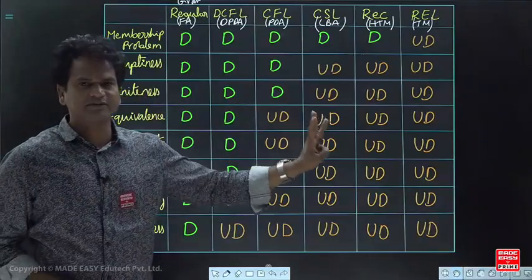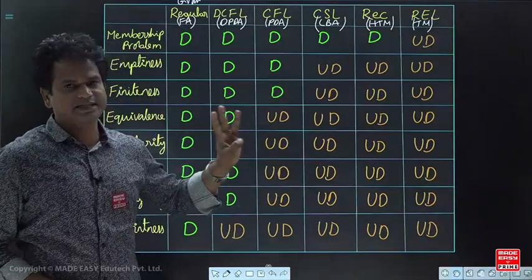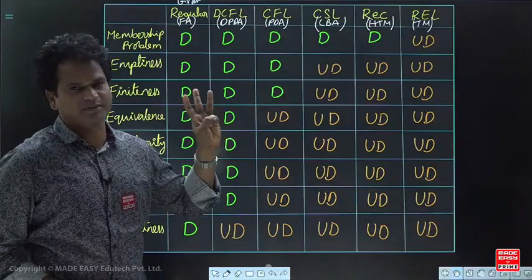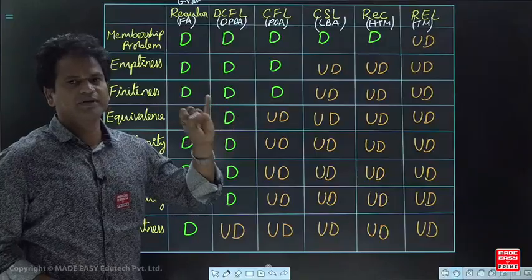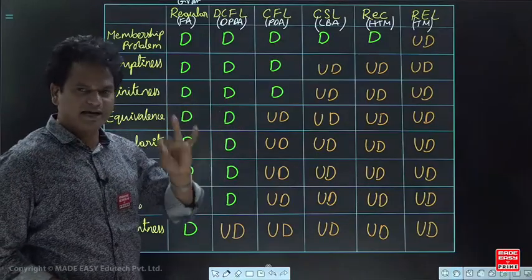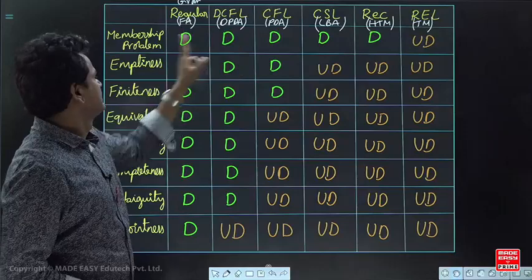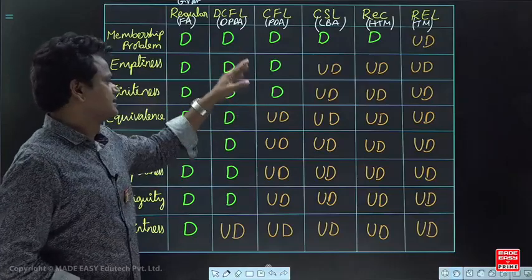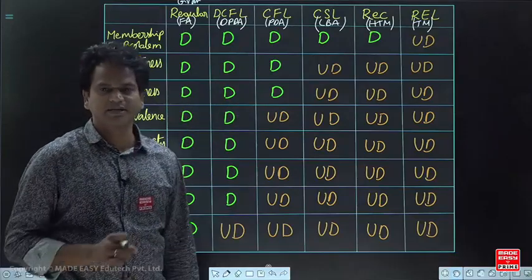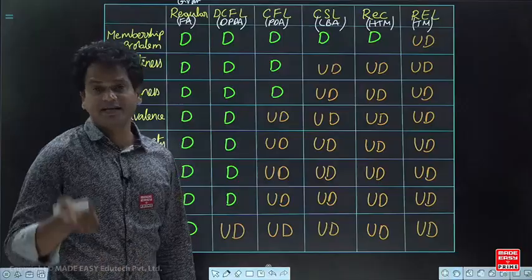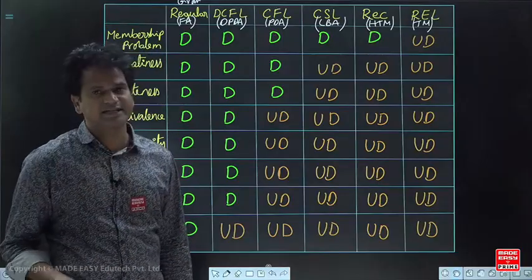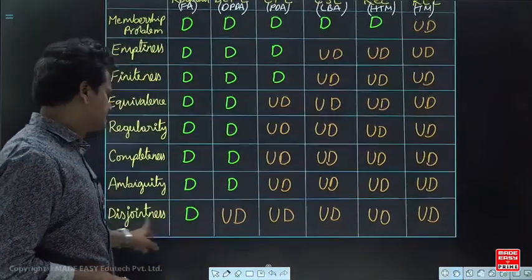Only context free languages are decidable under three problems. What? Membership, emptiness, finiteness. No other problem is decidable in CFL, whereas DCFL is decidable everywhere except disjointness.